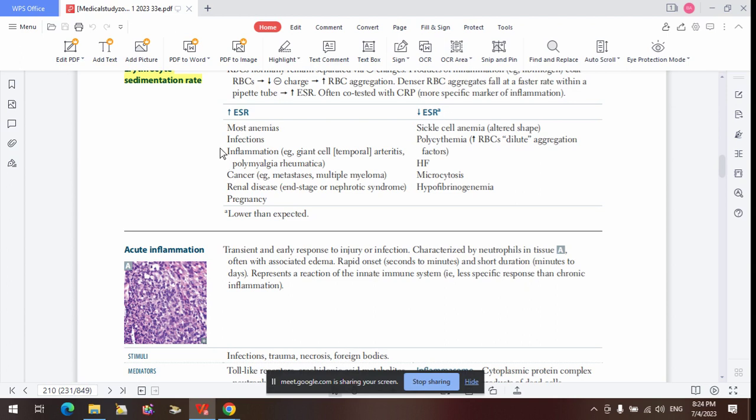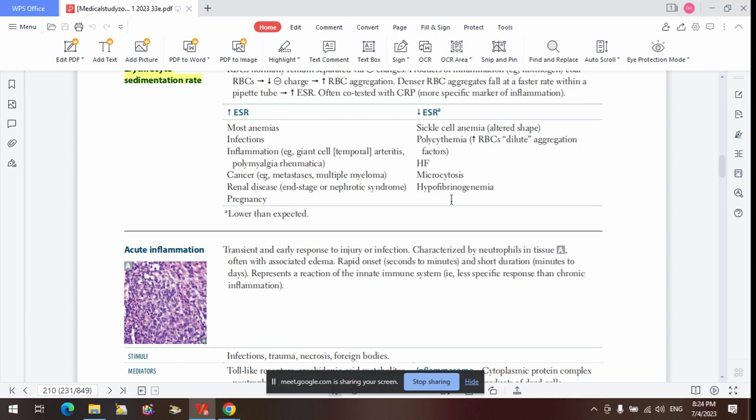So we said it's only in a few anemic settings that ESR is reduced. Particularly someone that has microcytosis or someone with sickle cell anemia, there is reduced surface area of the red blood cell to agglutinate with the fibrinogen.